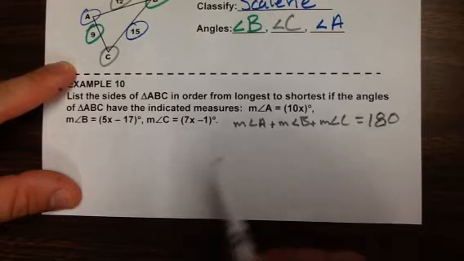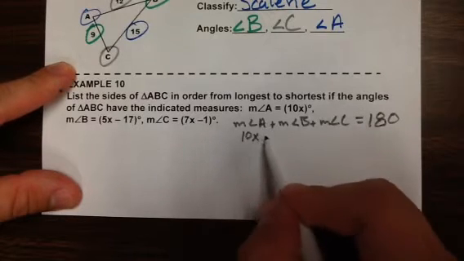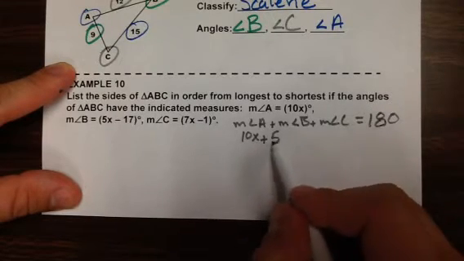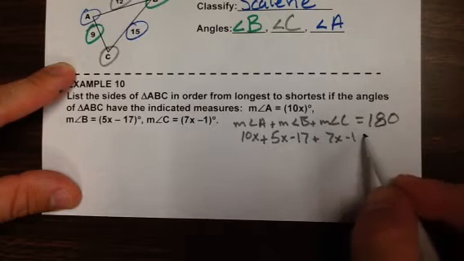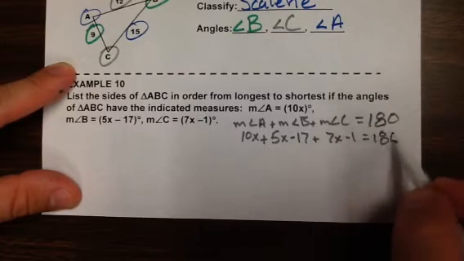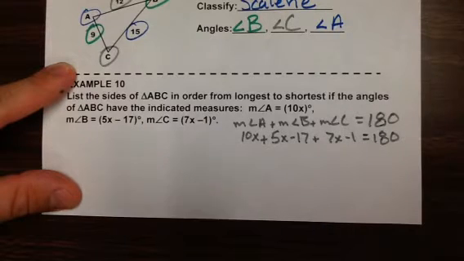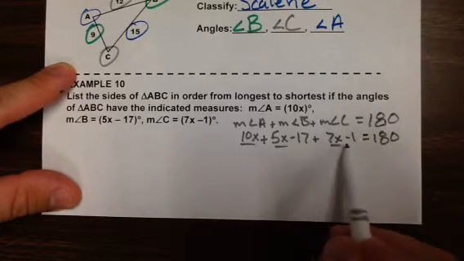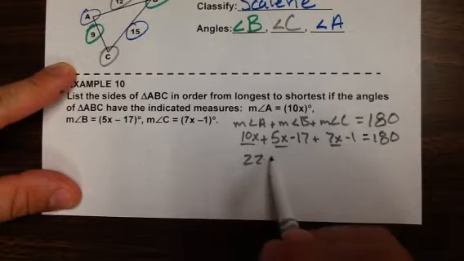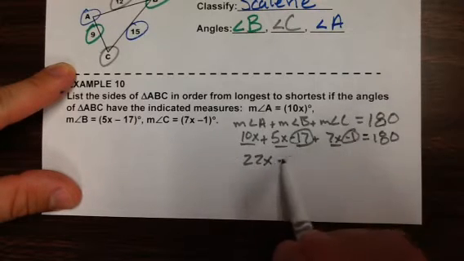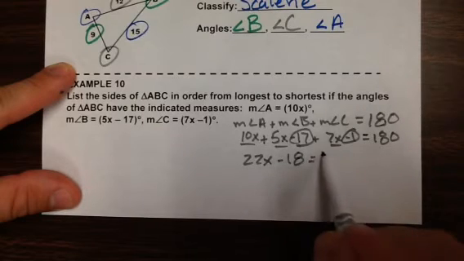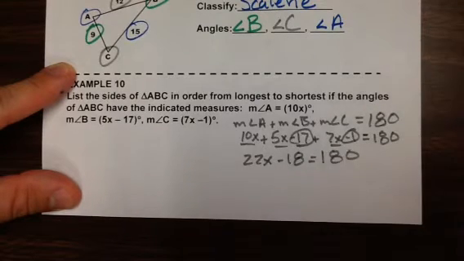So for our purposes, we're going to say 10x plus 5x minus 17 plus 7x minus 1 equals 180. Or 22x minus 18 equals 180.